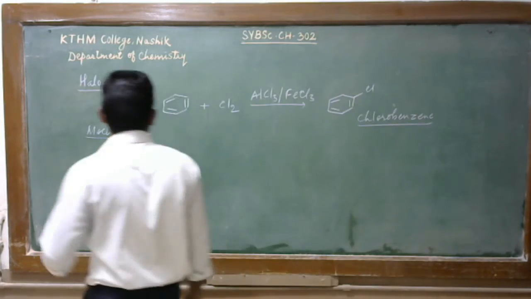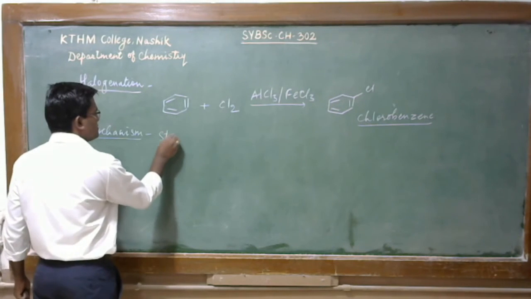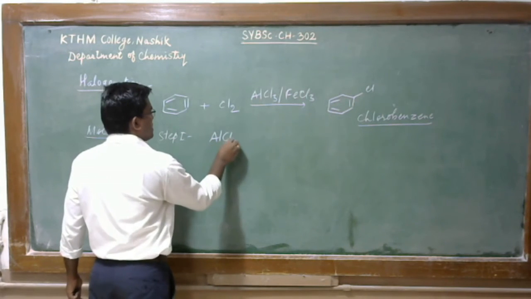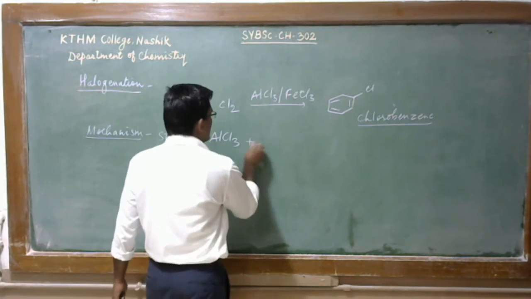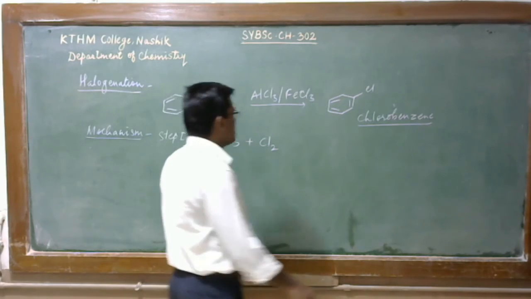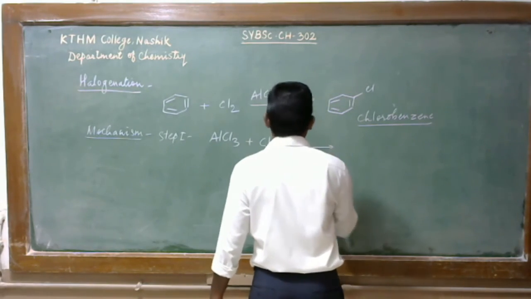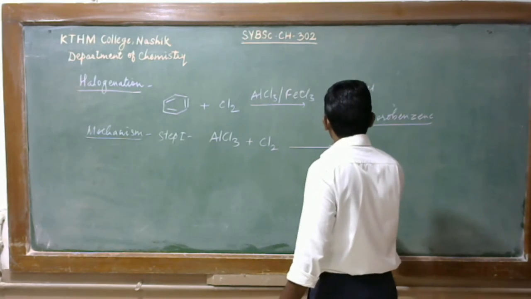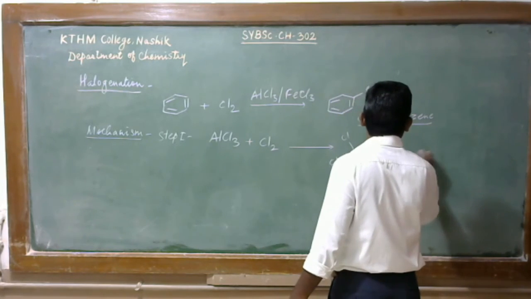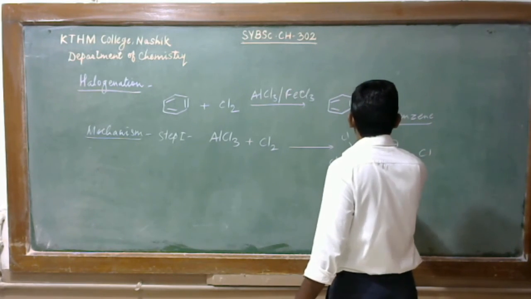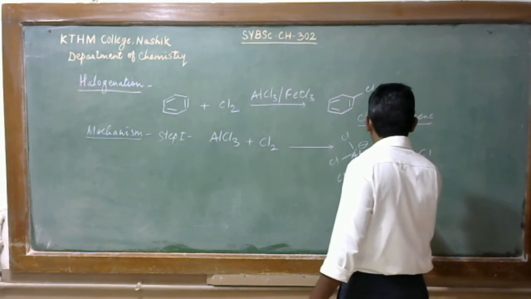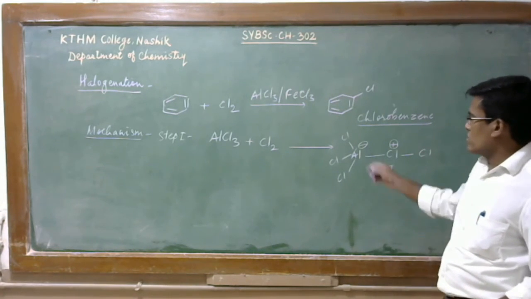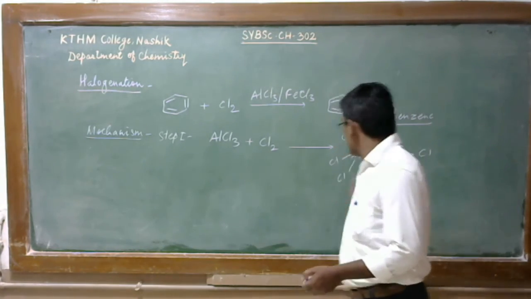So in the first step, step 1, this Lewis acid reacts with this chlorine to give this species, which we can call species 1. So in the first step we will get this species.